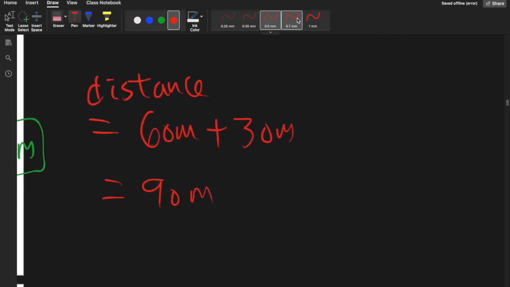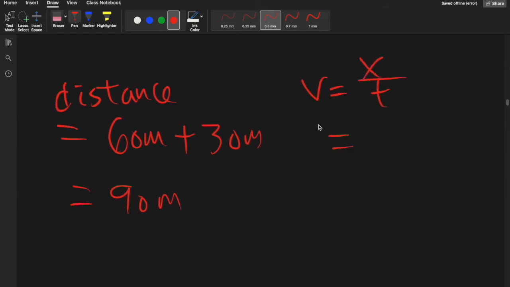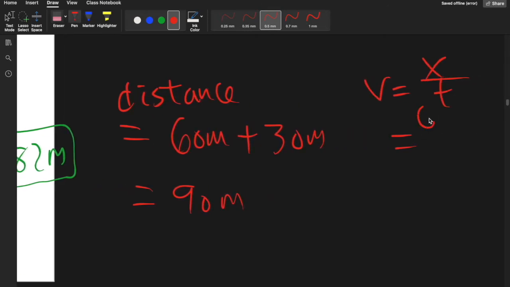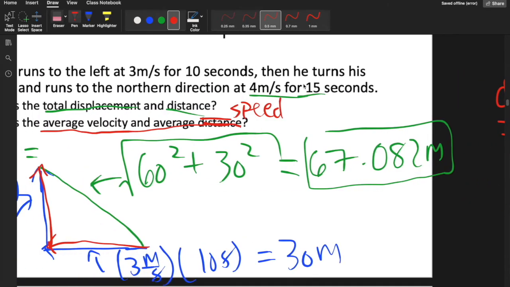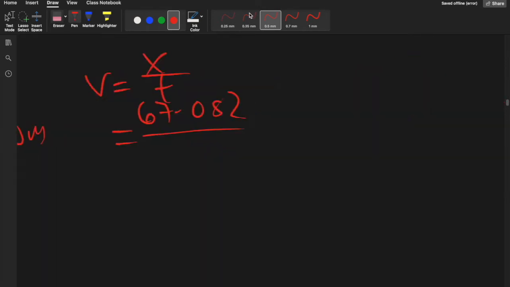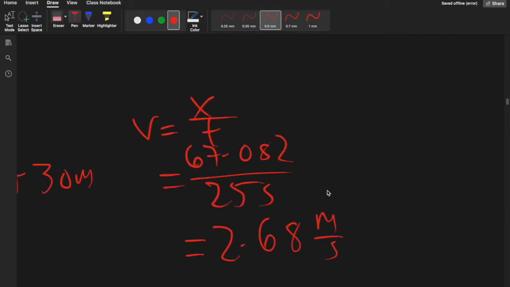So average velocity is equal to change in displacement divided by time, which is equal to 67.082 divided by, so 15 seconds plus 10 seconds, so the total time is 25 seconds, which is equal to 2.68 meters per second. So this is the average speed, average velocity, I mean.